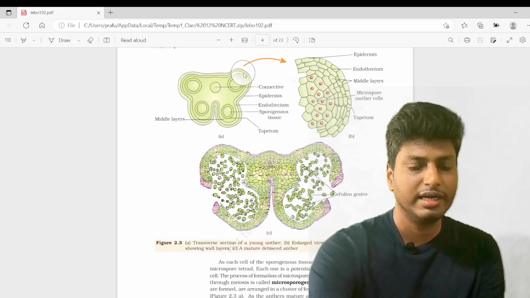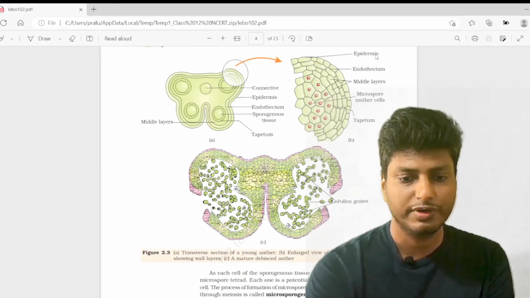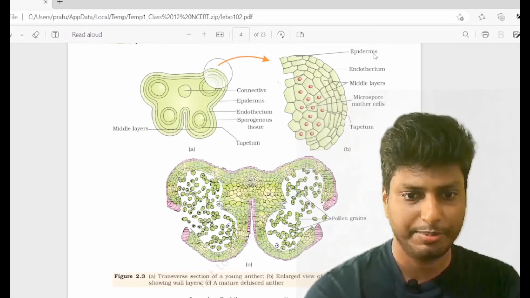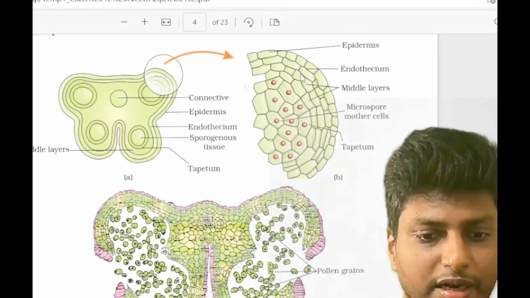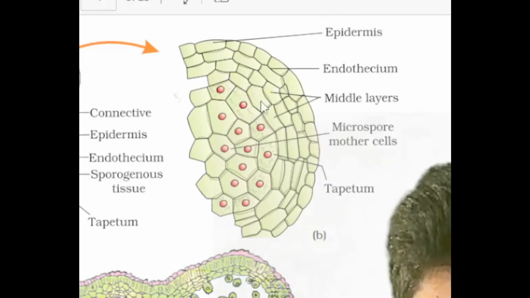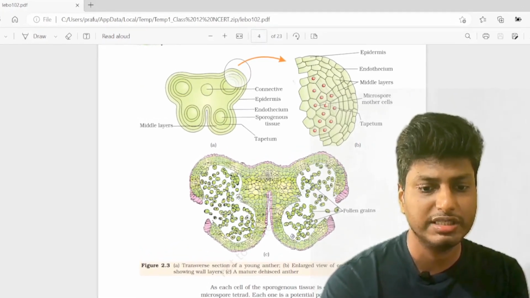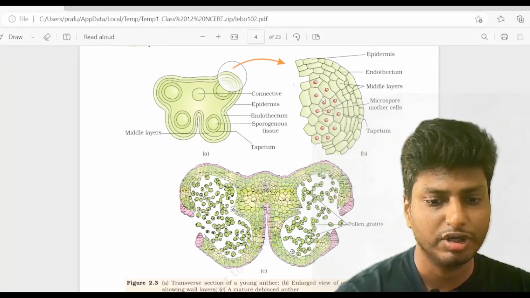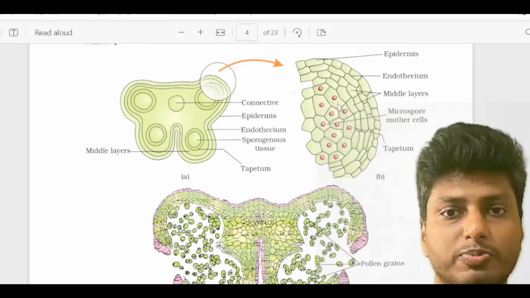In this diagram, they have highlighted this portion of the anther so that they can show the different layers. The outermost layer shown is the epidermis, below the epidermis is the endothecium, then comes the middle layer, and the innermost is the tapetum. Inside the tapetum, these cells are formed from a tissue called the sporogenous tissue.